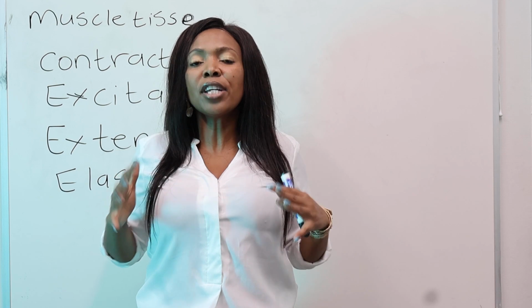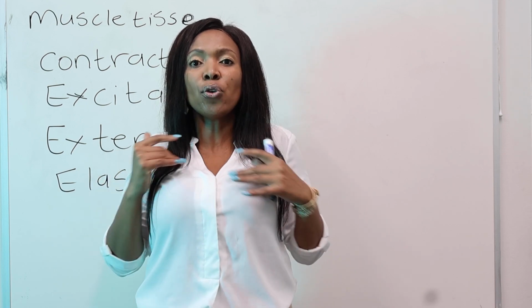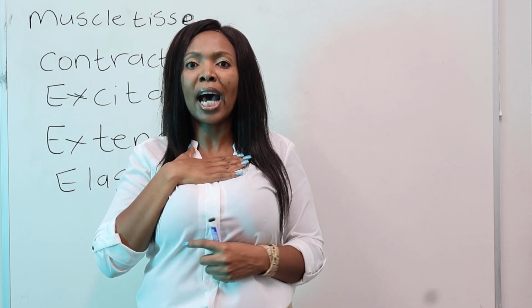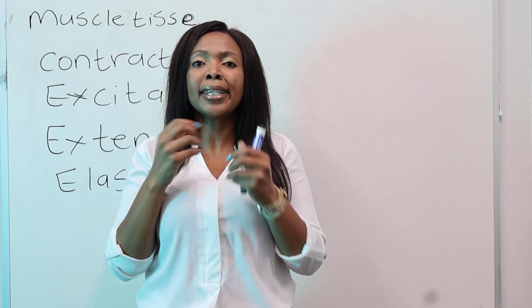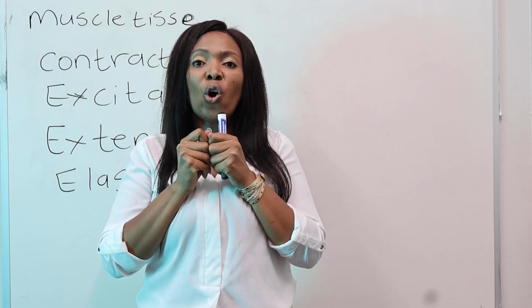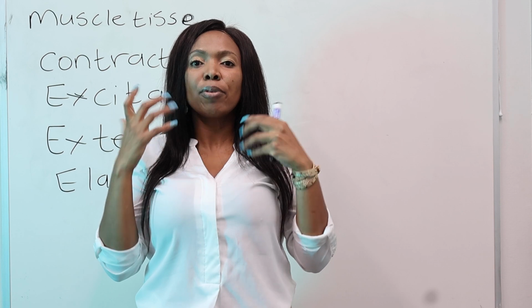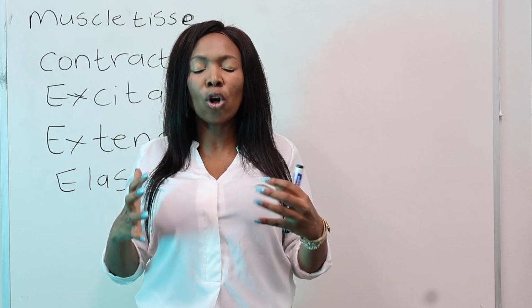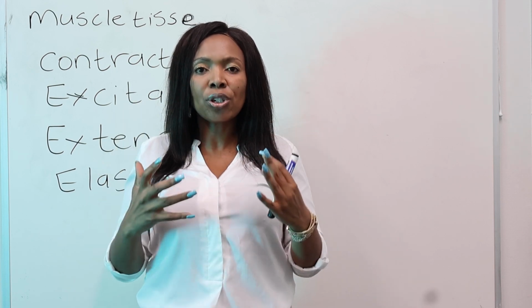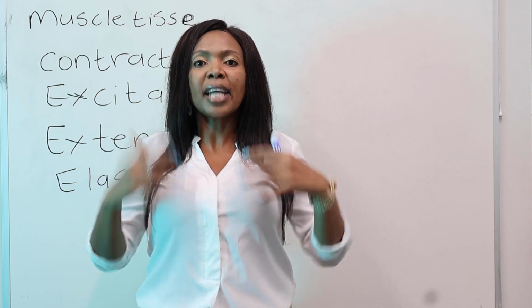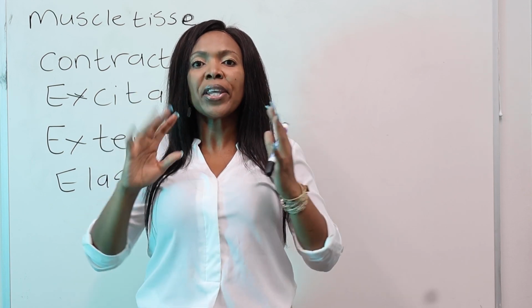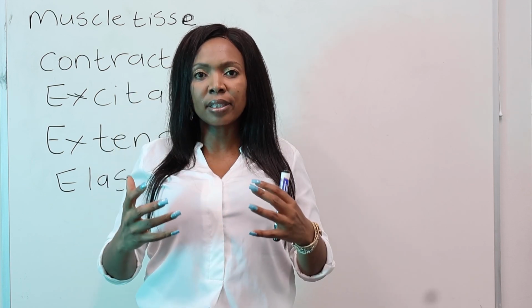We're not even in control. I don't know if my heart is contracted or has relaxed because I have no control, but I'm rest assured it's a movement that is controlled by the cardiac muscles.